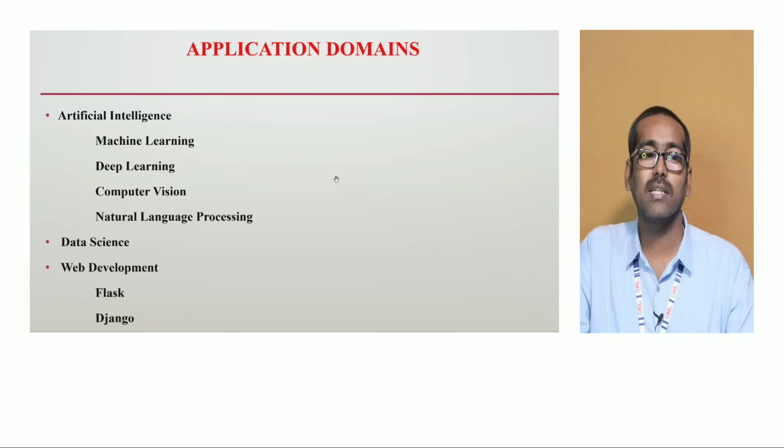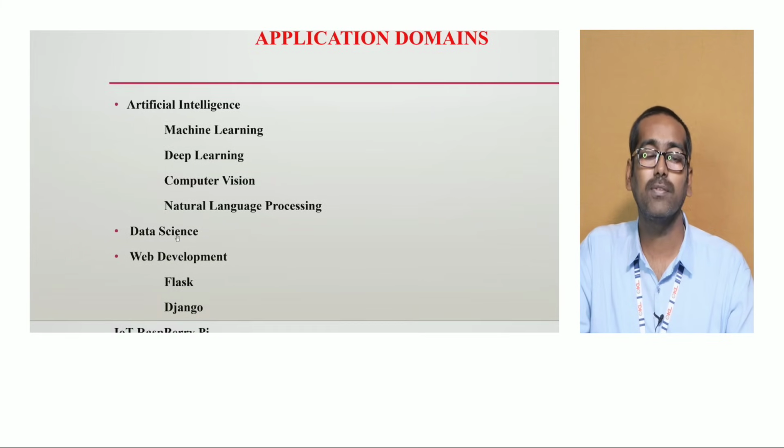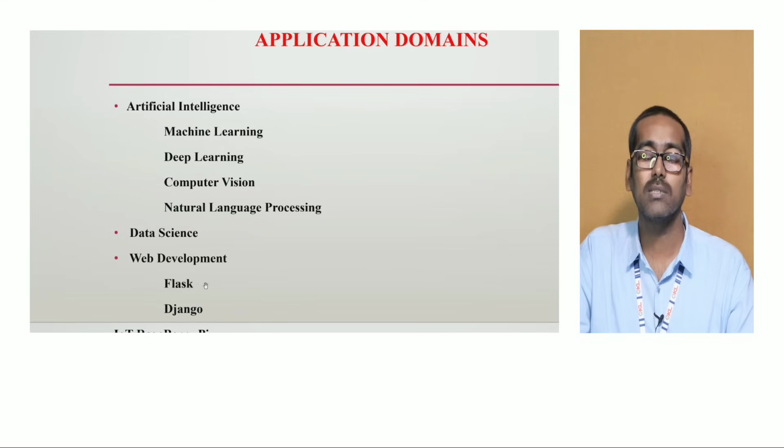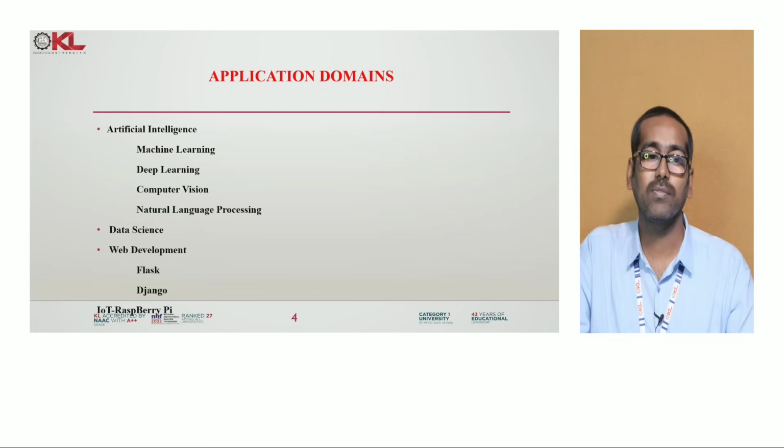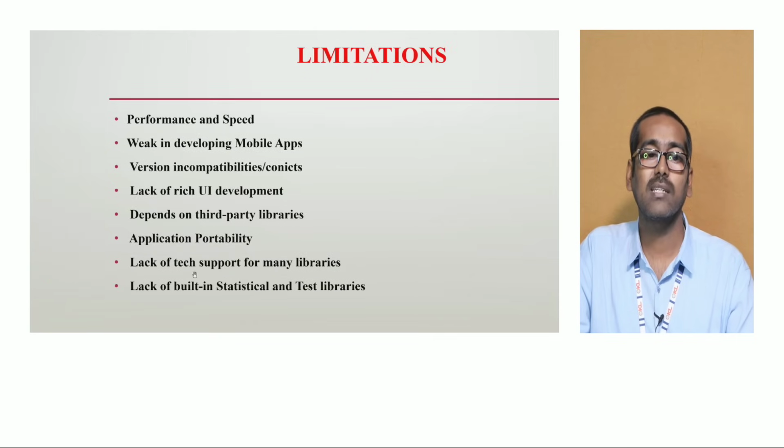In machine learning, deep learning, and even natural language processing and computer vision, if you name it, it requires so much mathematical and statistical information. Now moving to the limitations, Python doesn't have a built-in testing and statistical approach for developing an application.